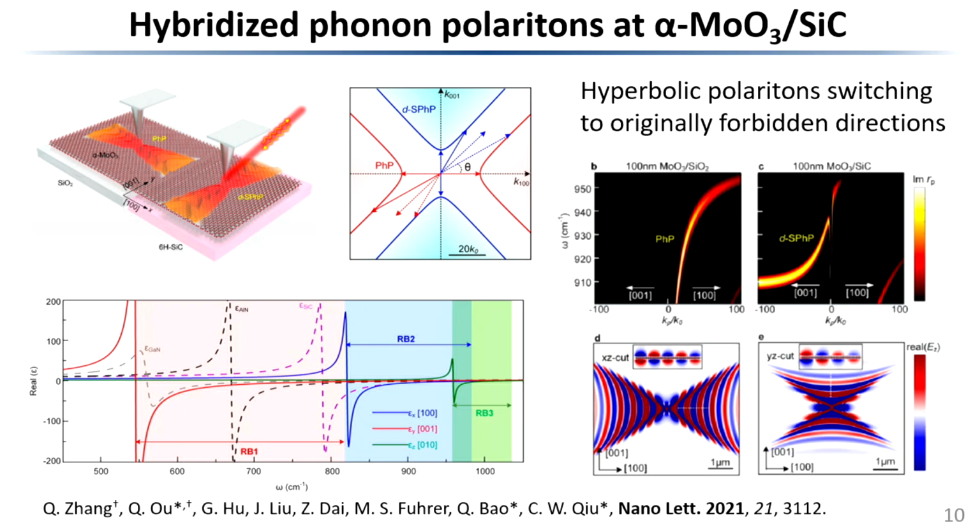Silicon carbide also has a phonon polariton band overlapping with MoO3. So we can basically switch the hyperbolic dispersion in the original MoO3 to the orthogonal direction, a 90-degree switching.